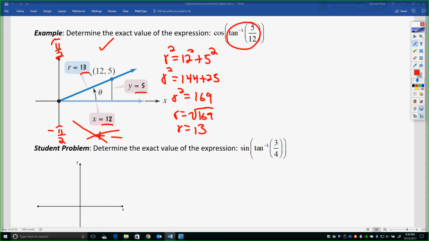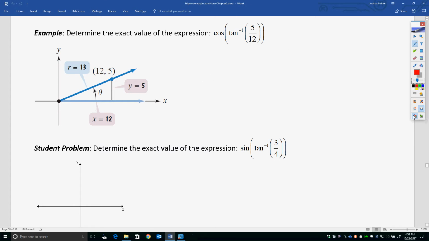So now that I have the triangle, I can do my cosine. That's the last piece to do here. Since I just did the tangent triangle, what's cosine? Cosine for this angle is adjacent over hypotenuse, so I get a 12 over 13. Pause the video, try the student problem.